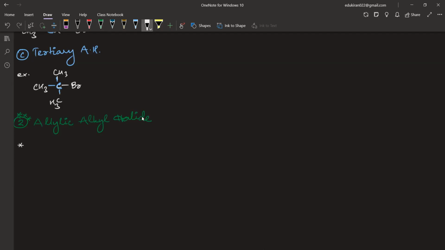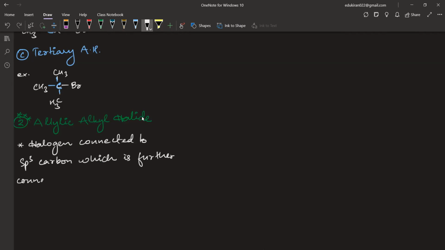In this, the halogen is connected to an sp3 carbon, which is further connected to a carbon-carbon double bond.